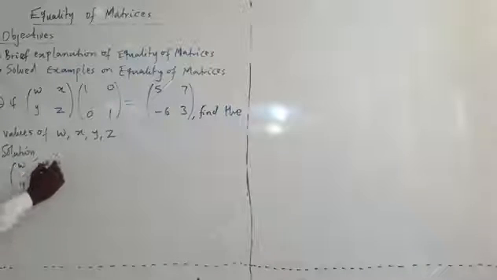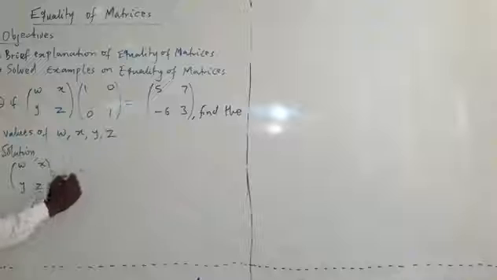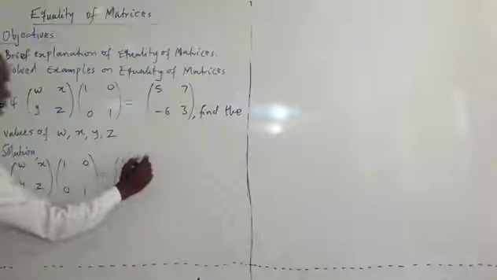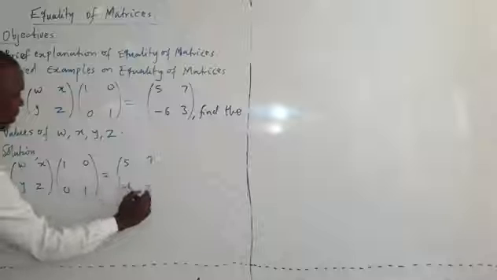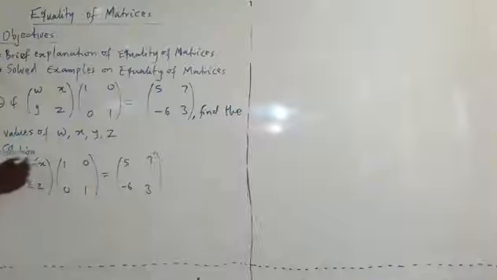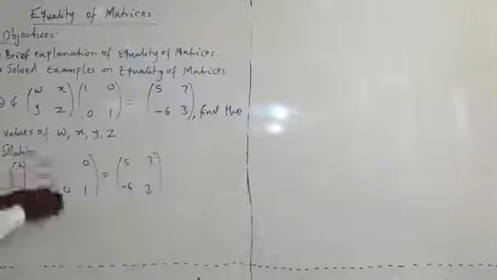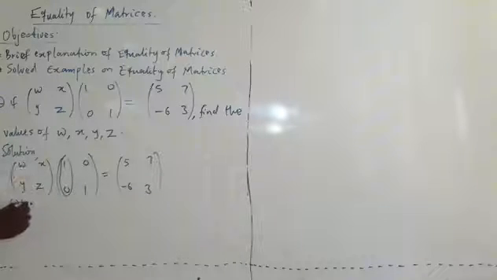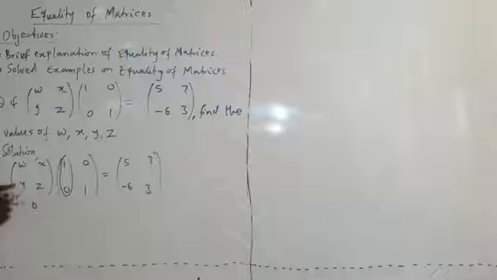So we have WXYZ multiplied by 1001 equals 5, 7, minus 6, 3. To multiply the first row of the first matrix by the first column of the second matrix: W times 1, that's W, plus X times 0, that is 0. That's the first element.